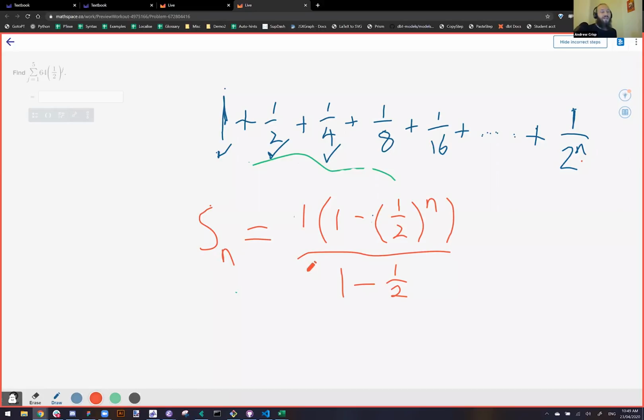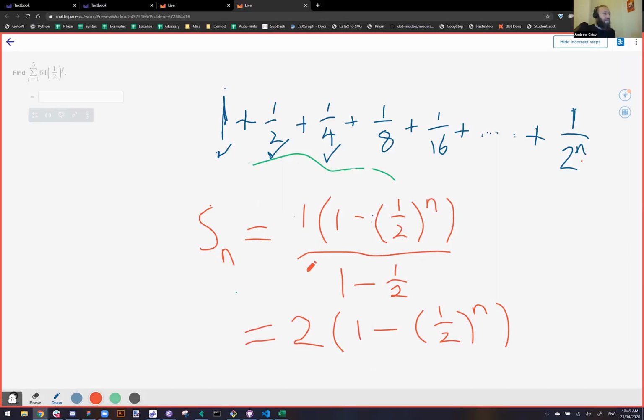1 minus a half is a half, and dividing by a half is the same as multiplying by 2. So to simplify the denominator, I can just rewrite this as 2 times 1 minus 1 over 2 to the power n.